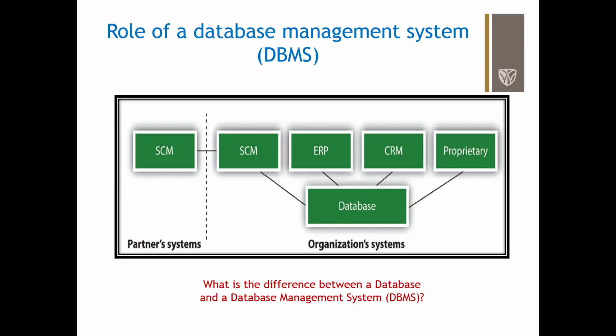In this particular diagram, the term database is used. So I've got the question here, what's the difference between a database and a database management system? And the answer is, this is where the definition of database starts to get a bit messy. For some people, the term database management system refers to the software, and the term database refers to the store of data which is managed by the database management system.